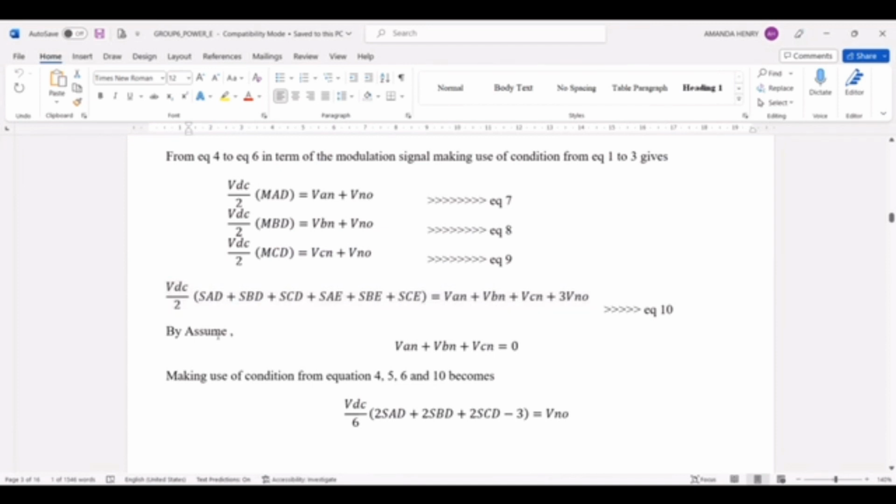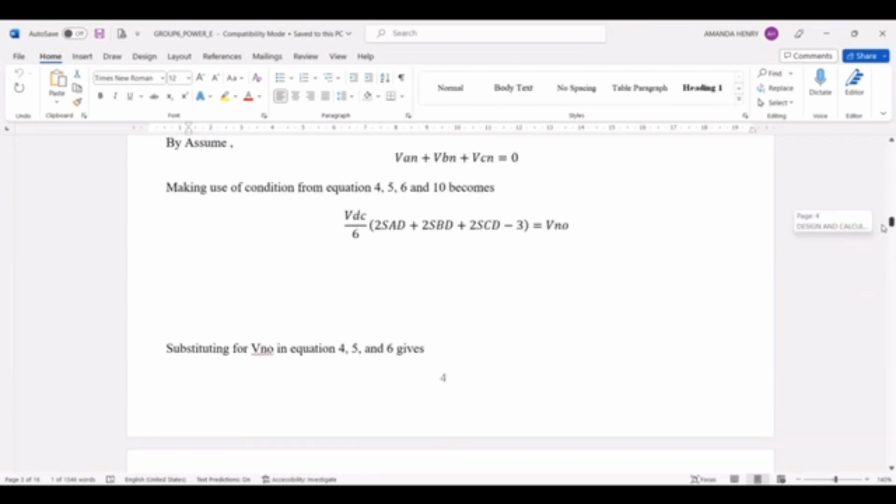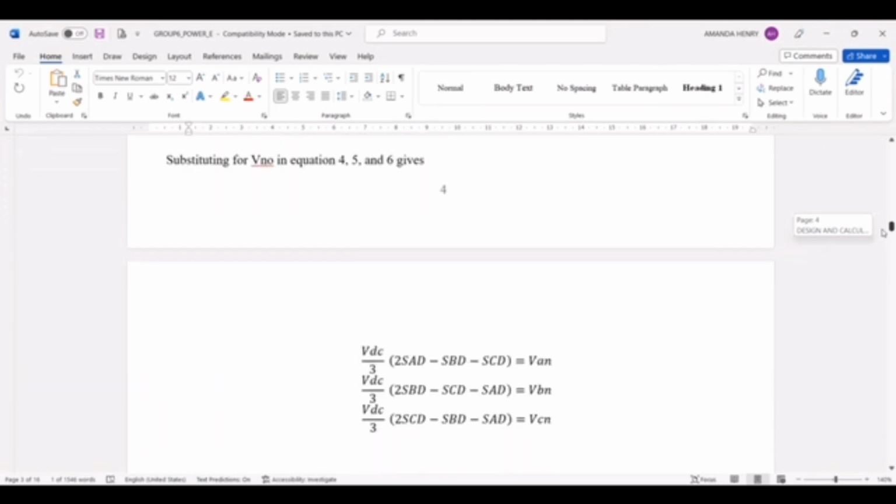By assuming VAN plus VBN plus VCN equals 0, equations 4, 5, 6, and 10 combined become VDC divided by 6 multiplied by (2 switch AD plus 2 switch BD plus 2 switch CD) minus V3 equals VNO, and by substituting the VNO into equations 4, 5, and 6, it gives us this equation.